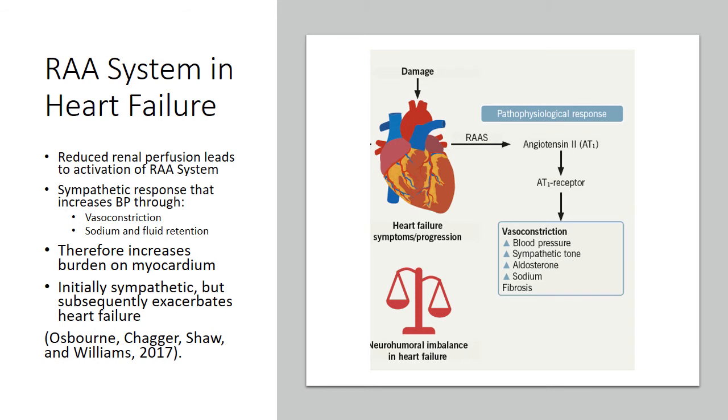We also retain sodium, and therefore we retain fluid. And in heart failure, this is actually initially a sympathetic response. So this is the body's way of driving an adaptation because we have a drop in blood pressure. The kidney detects that there's a decrease in perfusion within the kidney, and so it's driving this response.